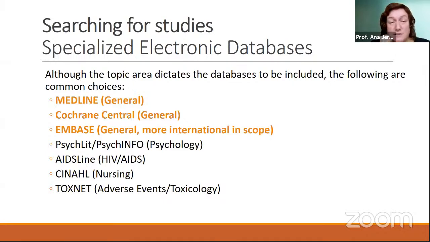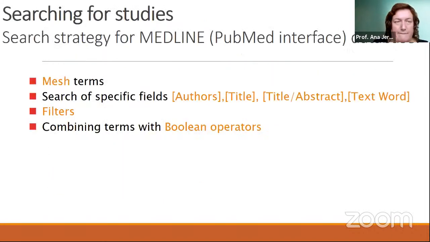If we are interested in attitudes, we can search PsycINFO, or we can include CINAHL or nursing databases. Once we select the database, we need to get to know the rules, the syntax of search in each database. So here we have the syntax for searching the Medline database over PubMed.